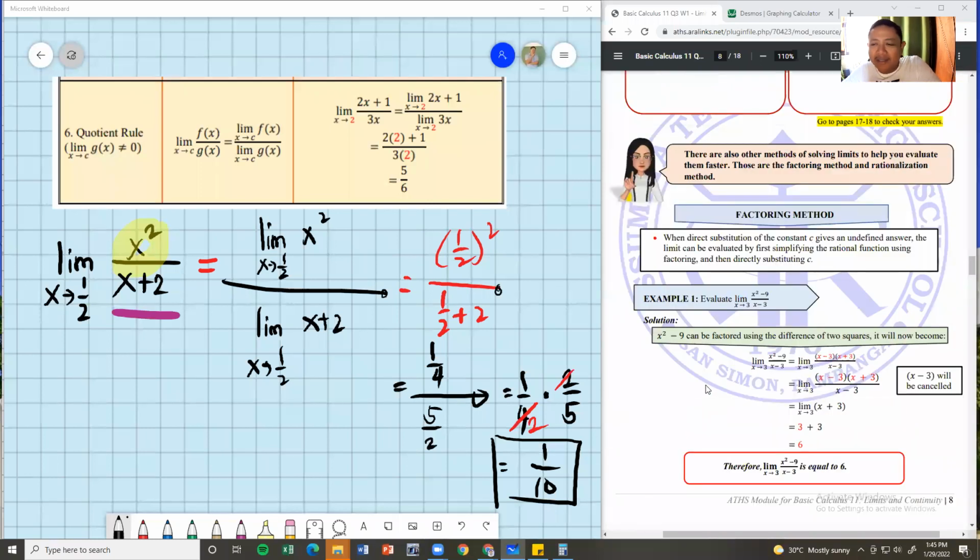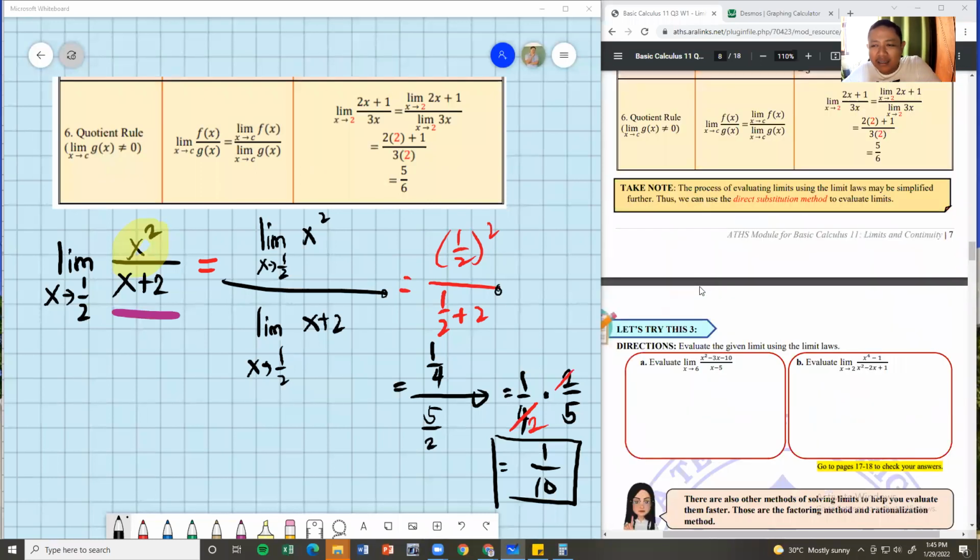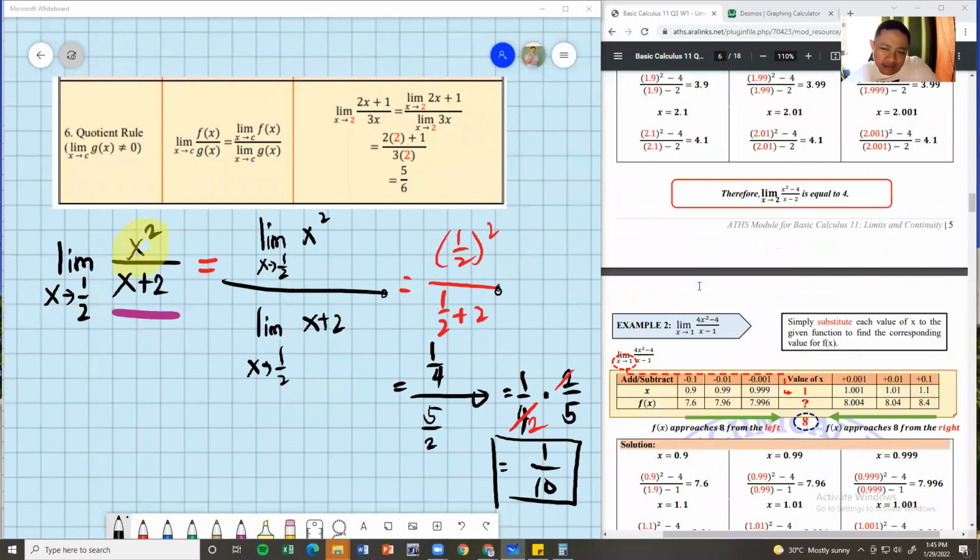A while ago, as you just noticed, we did the table of values. But you know what? I don't like doing the table of values because I need to substitute 6 values which are decimals na nakakatagal.